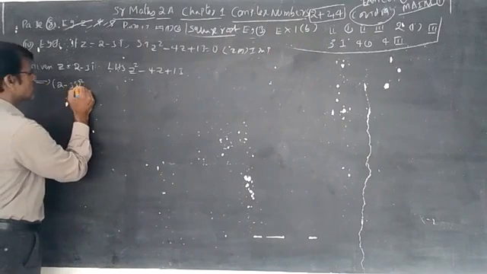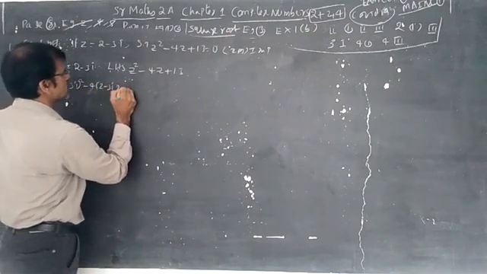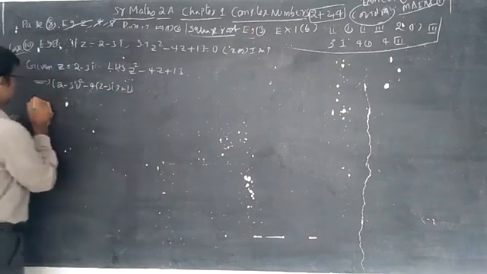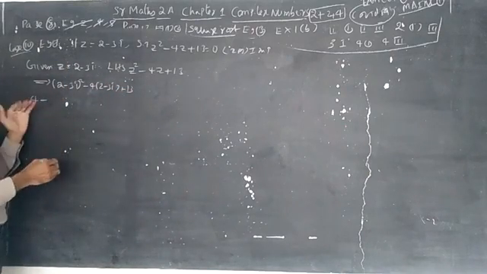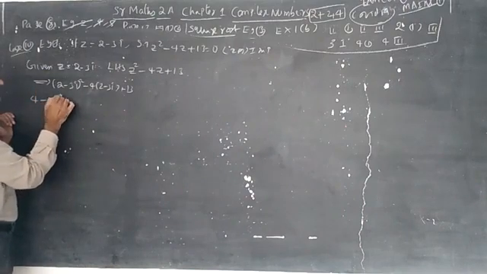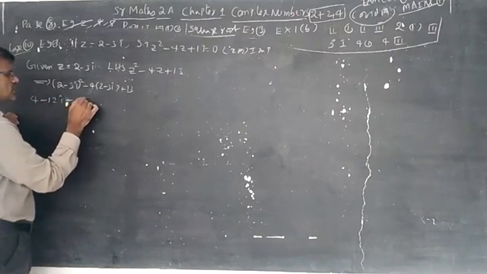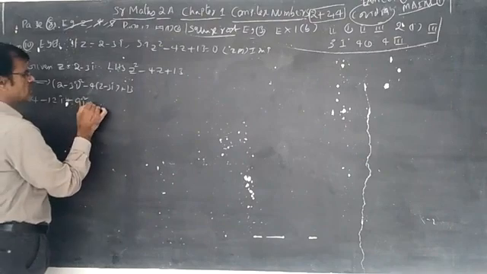2 minus 3i whole square minus 4 into 2 minus 3i plus 13. So this is the a minus b whole square concept: 2 square is 4, minus 12i, plus 9i square. 9i square means it is minus 9.